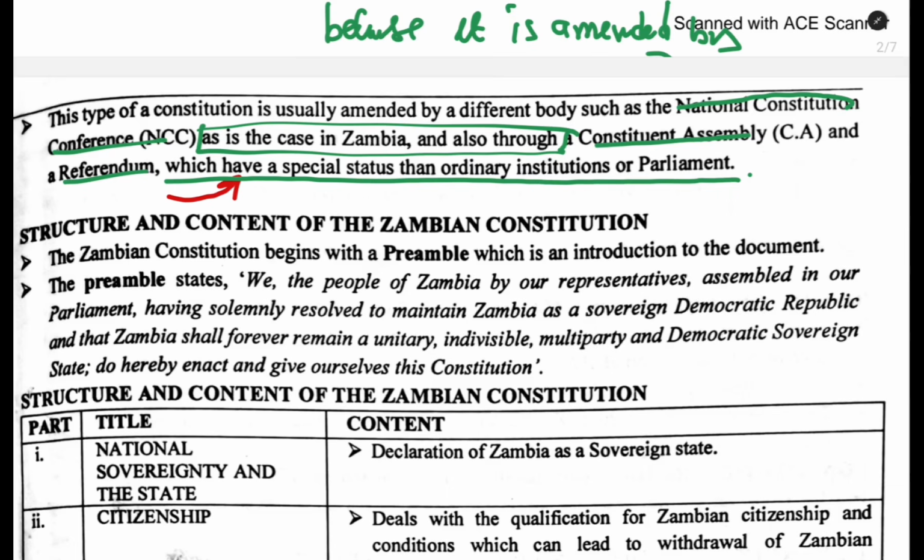The preamble is just the introduction to the document. Now, what does the Constitution of Zambia state in its preamble?